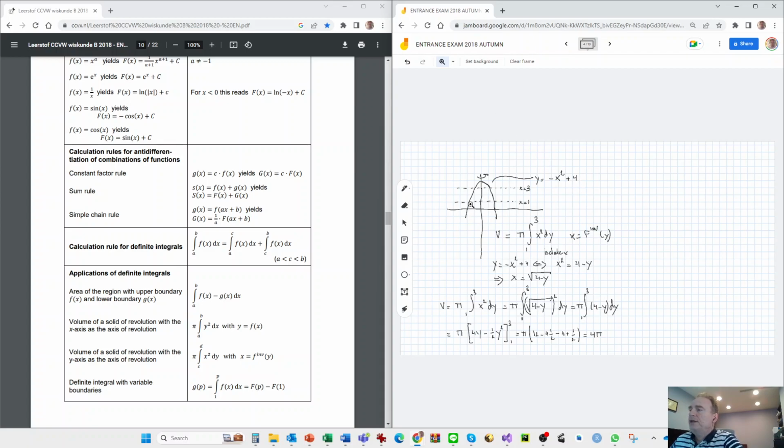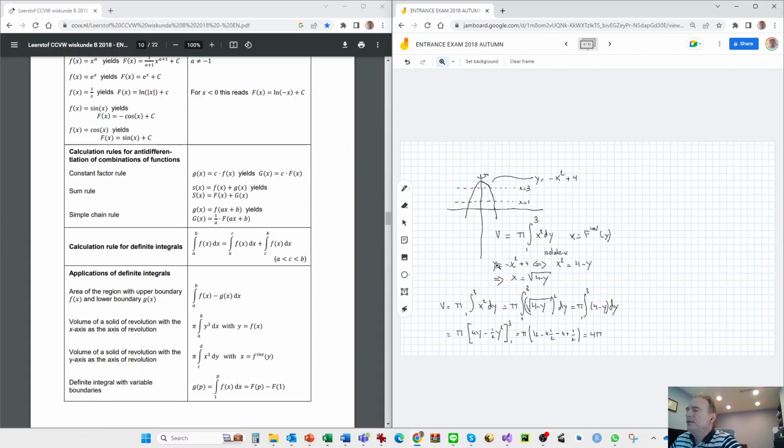If I have a function minus x squared plus 4 and I want to know the volume if I rotate it around the y-axis, between x equal to 1 and x equal to 3, what I need to do is isolate x.